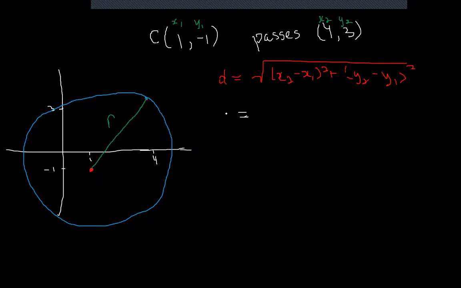So in this case, r, radius, is equal to the square root of 4 minus 1 is 3, so 3 squared is 9, plus y2 is 3, and y1 is minus 1. So that's 3 minus minus 1, which is the same as 3 plus 1, which is 4.